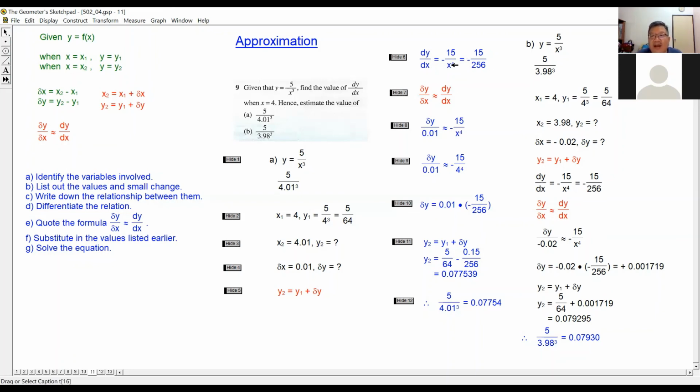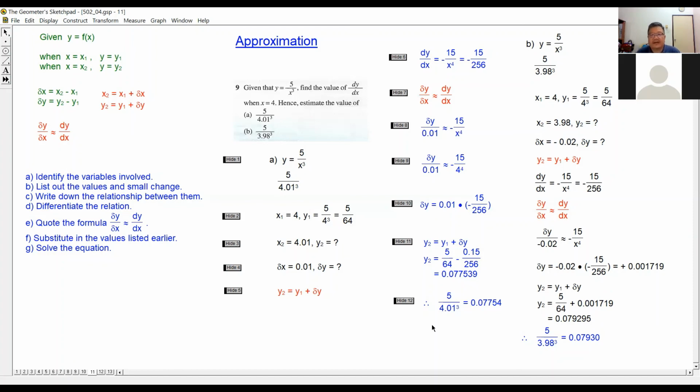So find the dy/dx, put inside the formula, then only you can find the delta y. So taking this value of delta y, you add to the original y1, then you get the y2. The y2 is this value that you want. Very long and tedious, right?